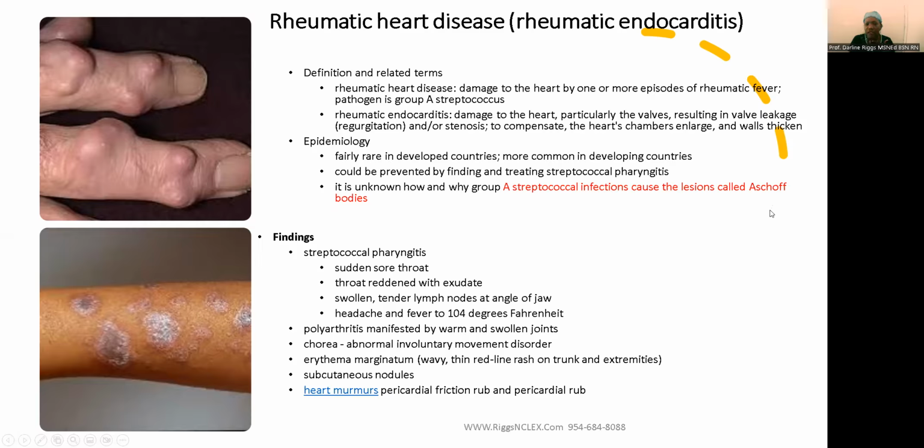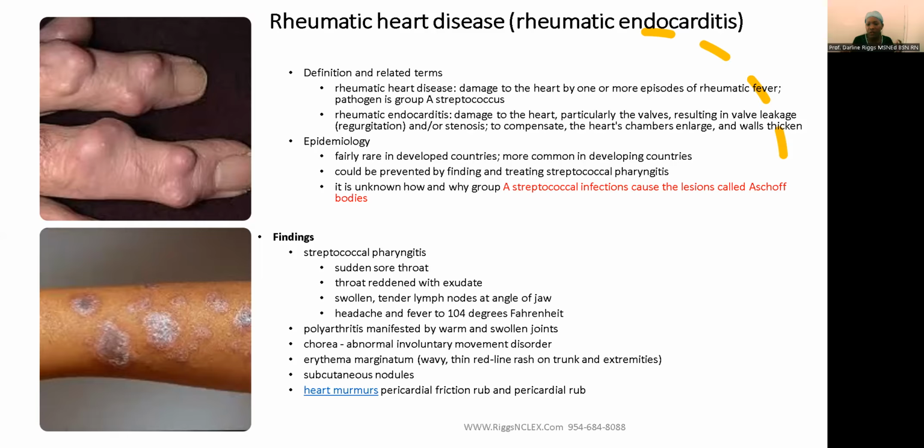Okay, so findings, of course, when we swab them, strep. They come in with a sore throat, the throat is red, they have lots of exudate, their lymph nodes could be swollen, they have a headache and high fever. Polyarthritis with the joints, they're warm and swollen.